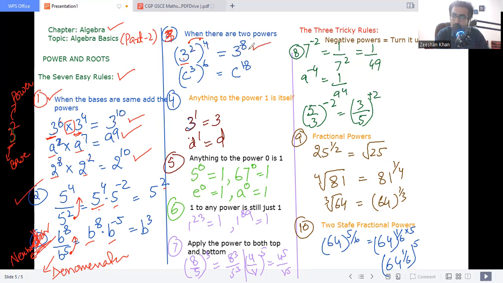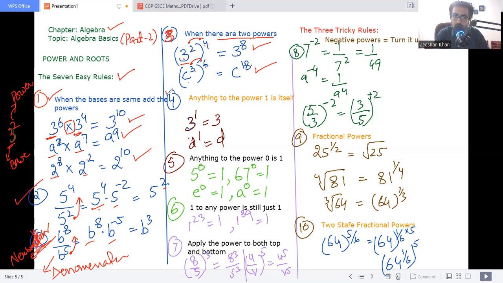So we got 3 to the power 8. In this case, we also have two powers, 3 and 6. Multiply them: 3 times 6 is 18. So c to the power 18 would be the answer. When you see two powers on a number, multiply those two powers.